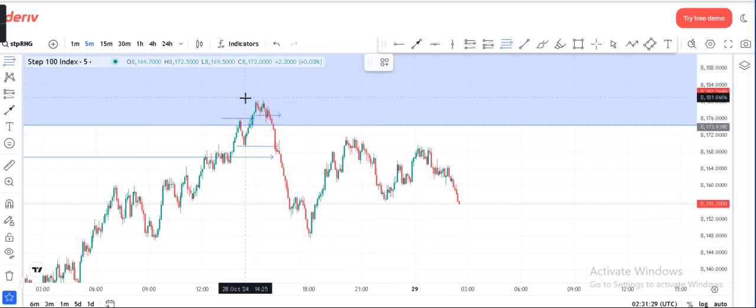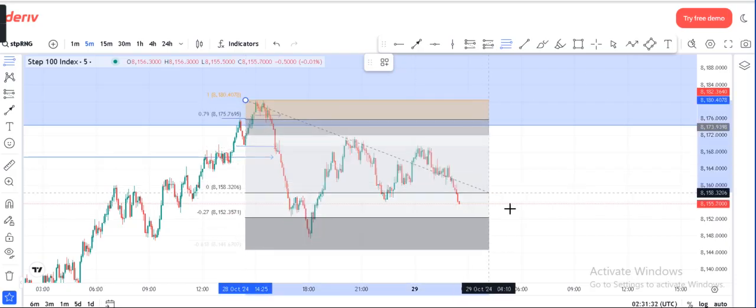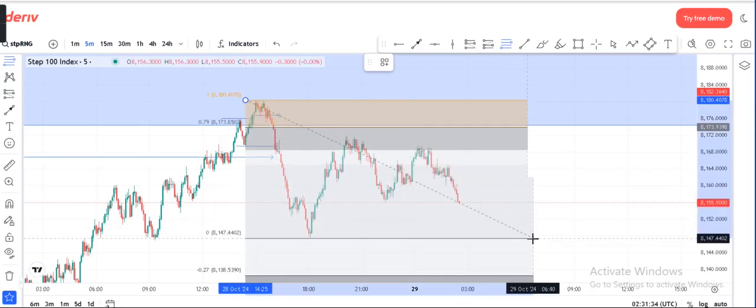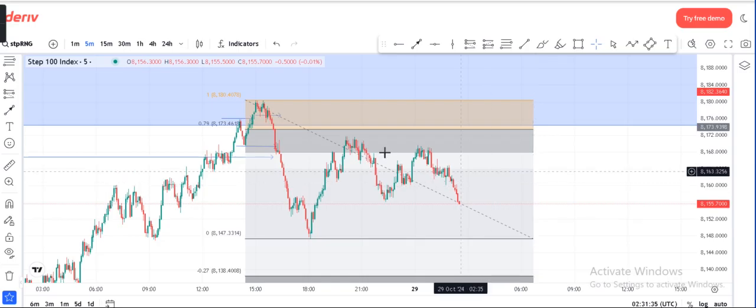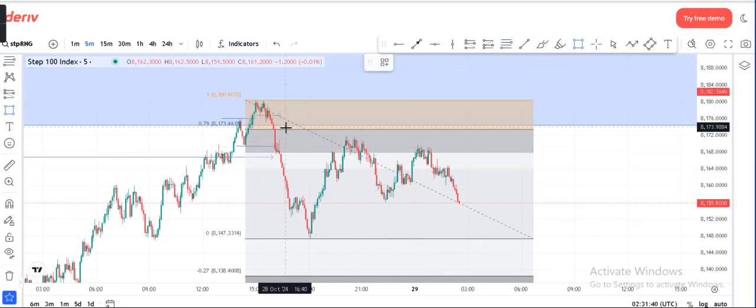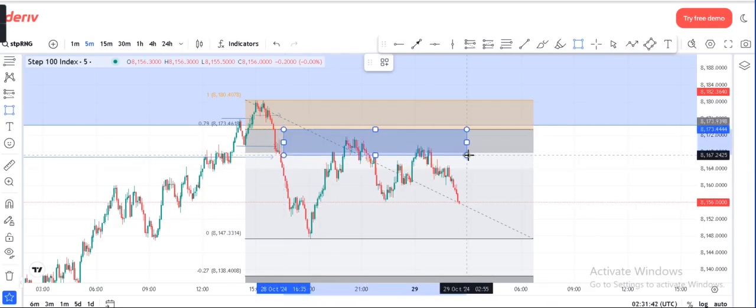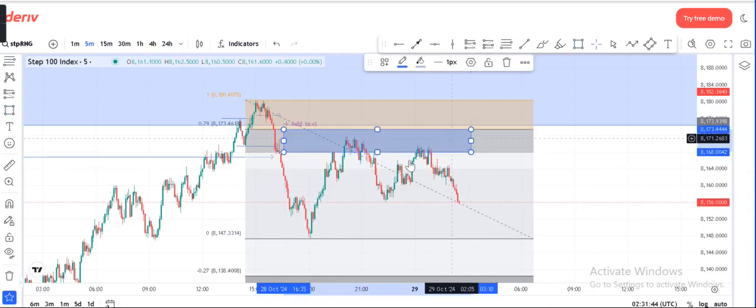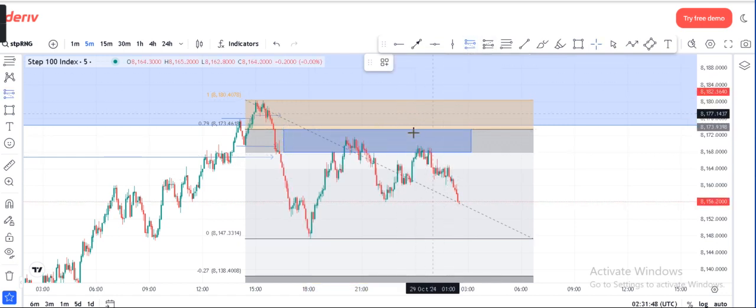Now, because we are looking at the higher time frame, we'll just be taking our trade and holding it to this point. So now, ideally, what we're supposed to do is to take our entries from these particular levels, and stop loss would be at this high, which is at this point.